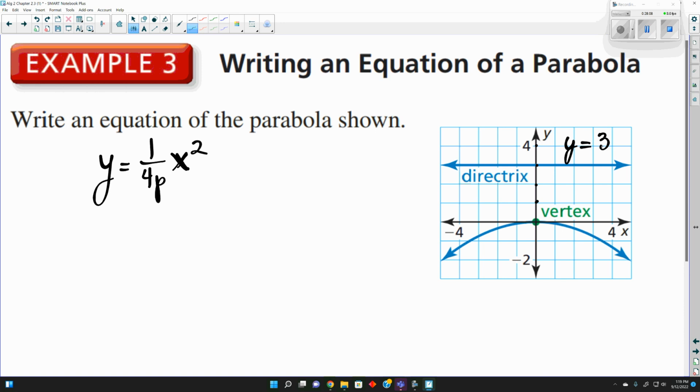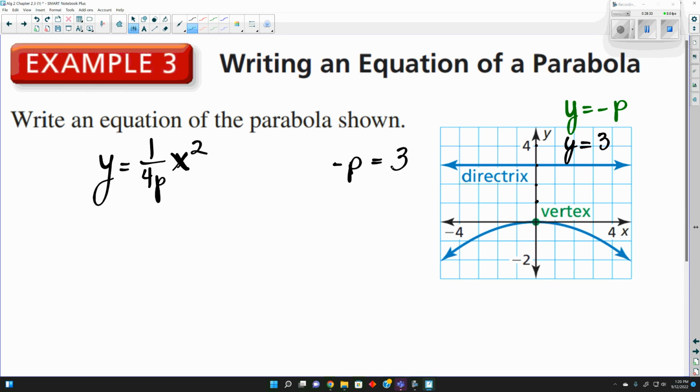Now the general form of this directrix is y is equal to negative p, yes? So we have this here. So the directrix equation, y equals negative p, yes? So what are we saying? We're saying that negative p is taking the place of 3, yes?